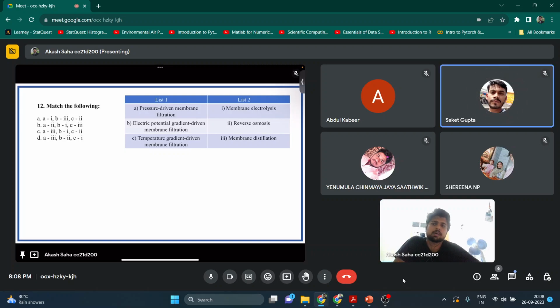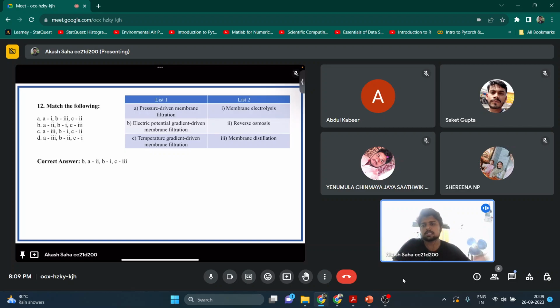Option B. Reverse osmosis is a pressure driven system, just like ultrafiltration or nanofiltration. Then electric potential gradient: from the name electrolysis, we can directly identify it as an electrical potential driven membrane. And finally, distillation is a temperature gradient driven membrane process. So option B is correct.